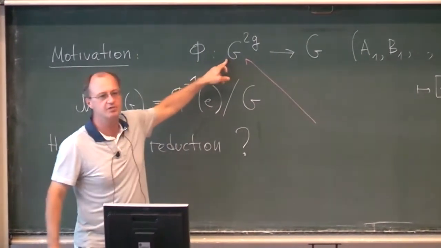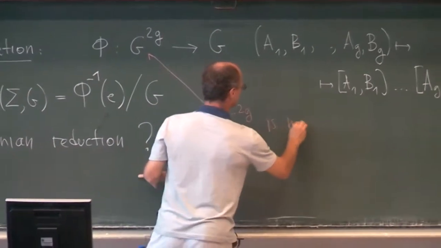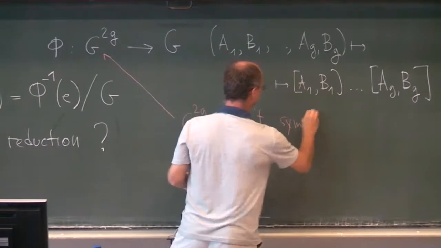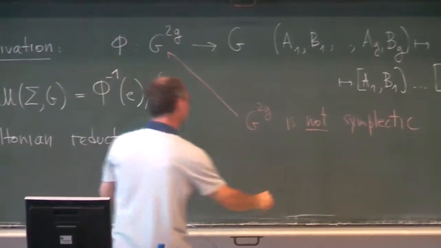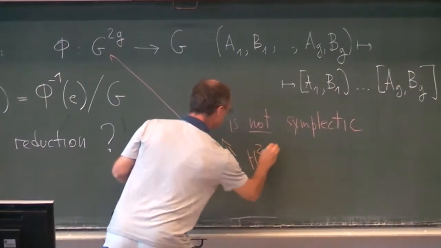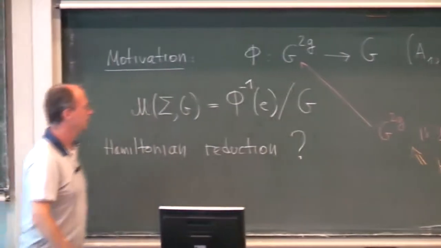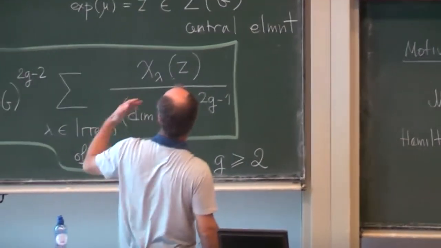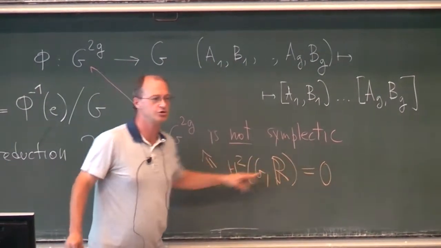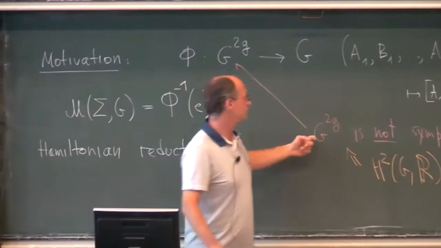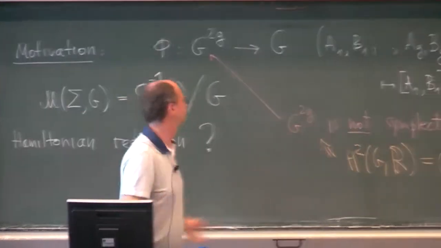But then this cannot be a Hamiltonian space, because G to the 2g is not symplectic. That's because H2 of G is 0. If you take G compact simply connected, which means that it's, in particular, semi-simple, so the H2 has to vanish. And then G is compact, so there is no place in cohomology for a symplectic form to live in.